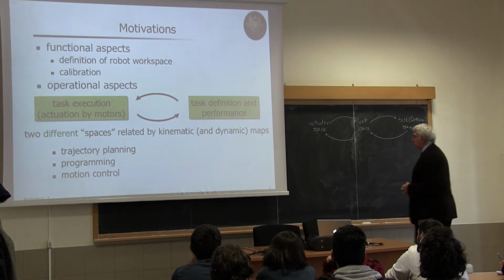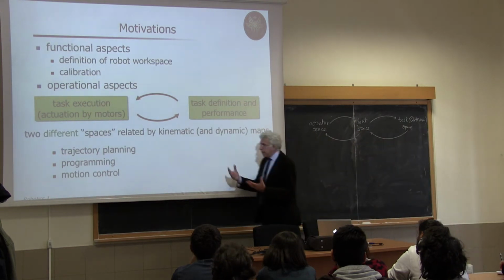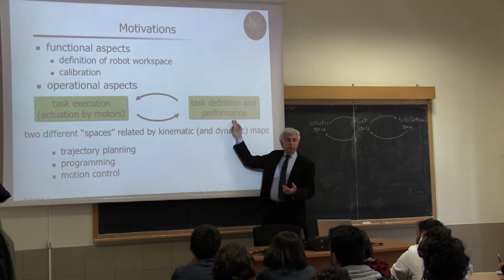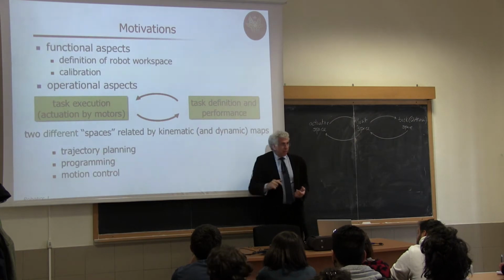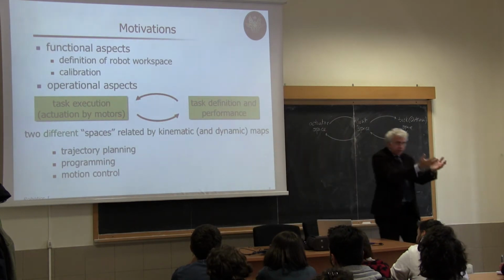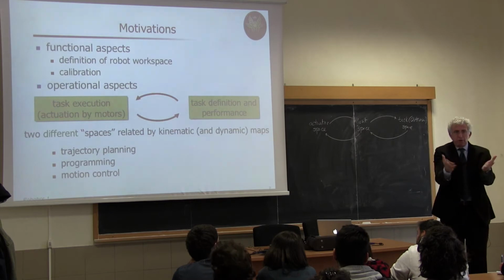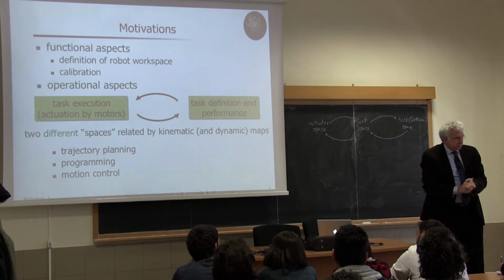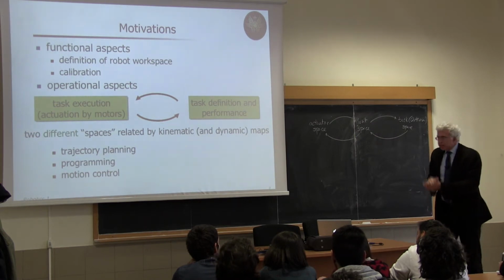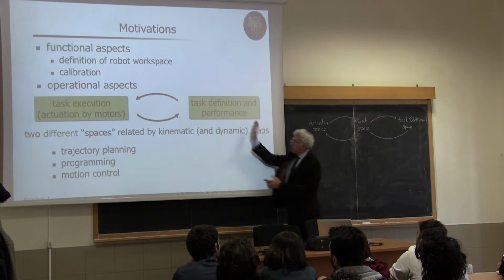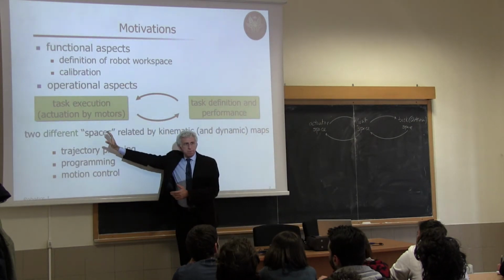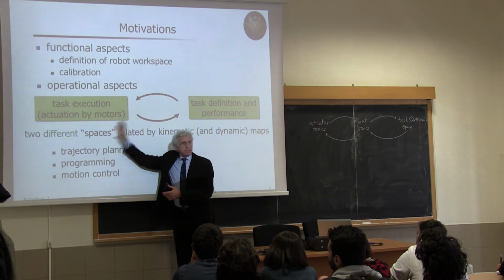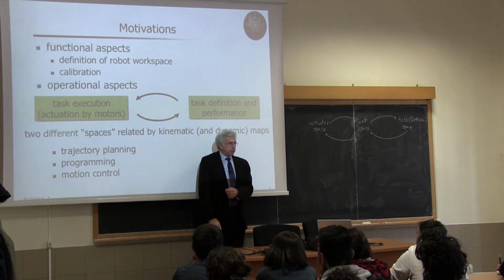And motion control, the natural way, as I'm presenting it, would be to close the error feedback loop at the task level, because that is where the task is defined, that is where I evaluate the actual performance, I compare them, and I see an error, and then I correct my command in feedback. Okay. Still, in some cases, I may transfer the task into the joint space, then measure the performance in the joint space, have an error in the joint space, and then react to this error in the joint space.